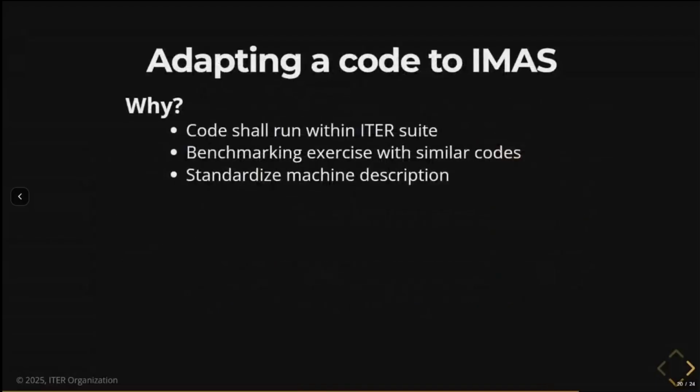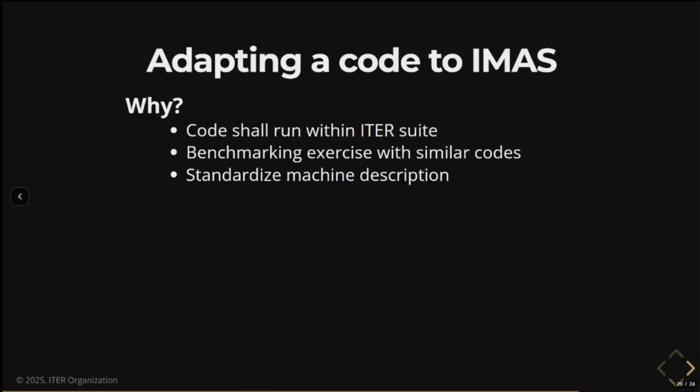Now, you may wonder, why would I adapt another code to IMAS, a code that you may be developing, a code that may exist in the community? There may be several reasons for that. Maybe it's because you want this code to be part of the ITER code suite, the part of IMAS that we reuse for modeling and preparing ITER discharges.